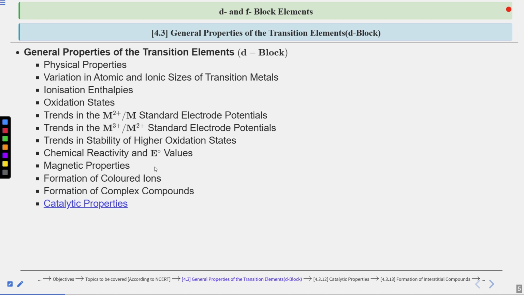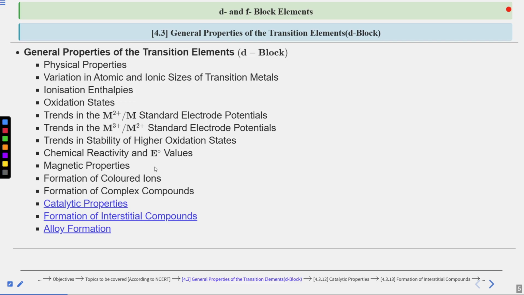Today we are going to cover the catalytic properties, the formation of interstitial compounds, and alloy formation. So these are the general properties of the transition elements that we are going to cover.